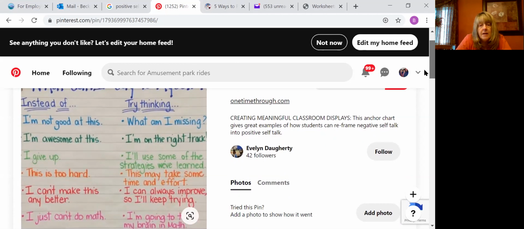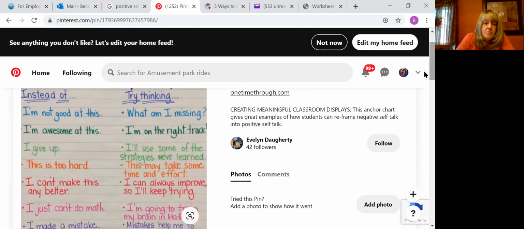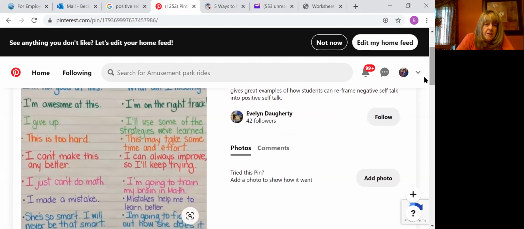"I can't make this any better." In reality, we can always improve and we can keep trying until things are better. If we focus on that instead of just focusing on where we're messing up and feeling like giving up, then we're going to be more successful, more positive.